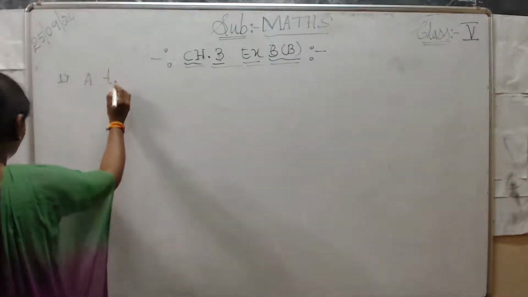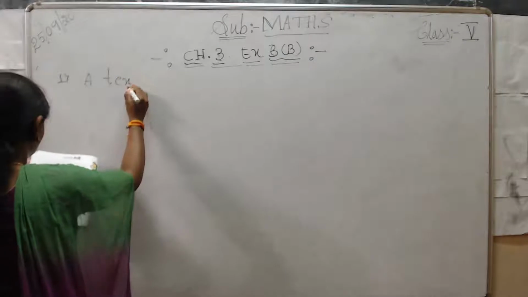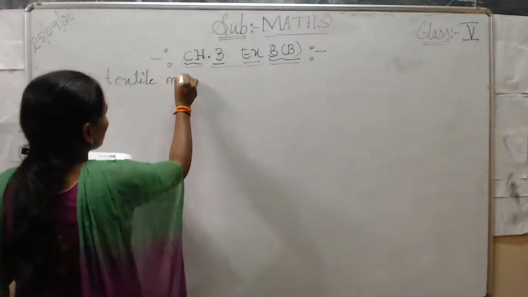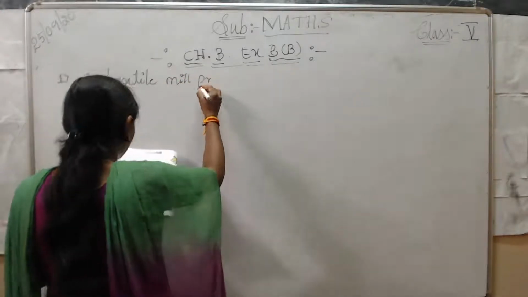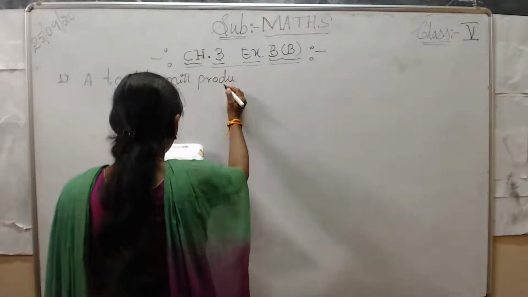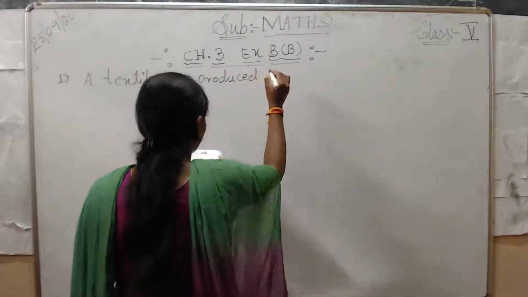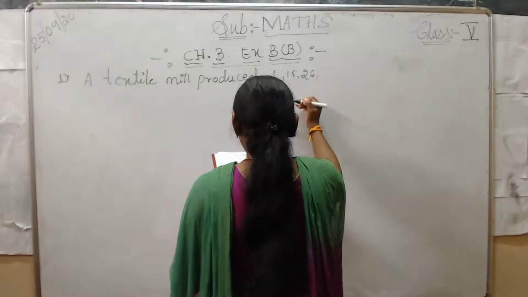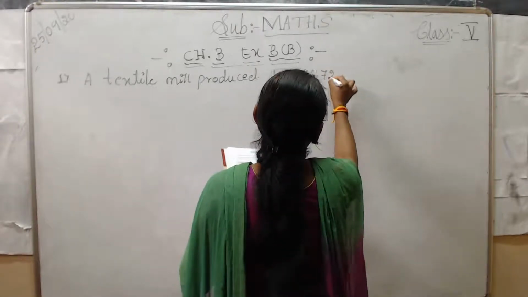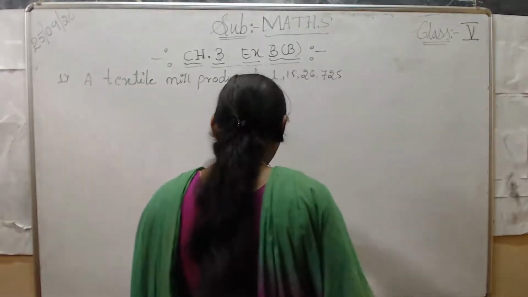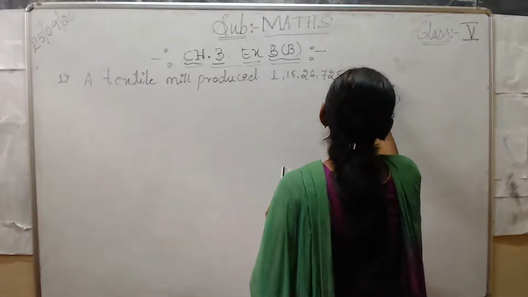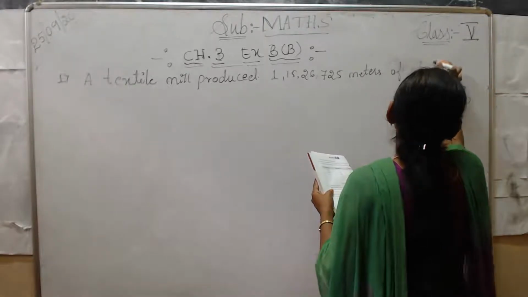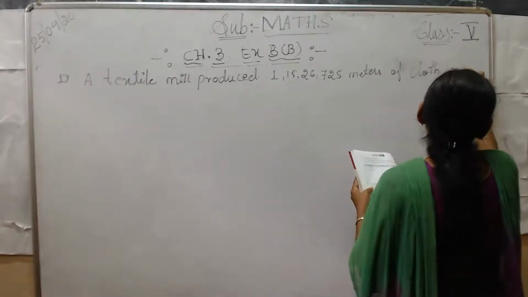So first, a textile mill produced 1 crore 15 lakh 26,725 meters of cloth last year.